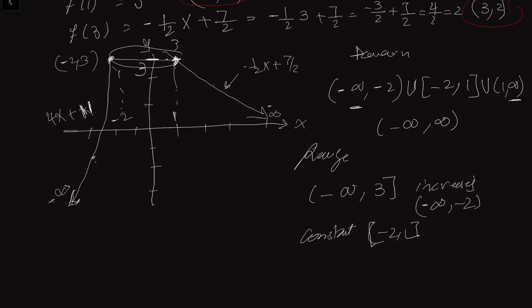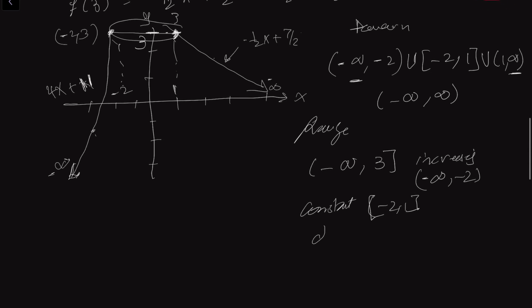And decreasing from 1 to infinity. All right, from 1 to infinity is decreasing. All right, and from here, -infinity to -2, it's increasing, and then constant from -2 to 1, and then decreasing from 1 to infinity.